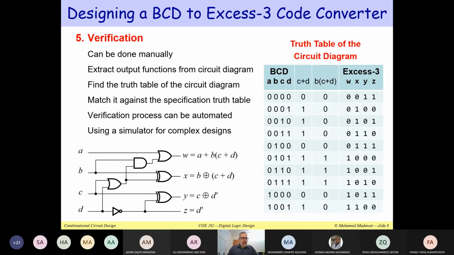If it does, then we have the correct circuit diagram. In this case, you can easily verify from the equations obtained directly from the circuit diagram that we have the correct truth table. It matches the truth table from the specification, and therefore we have verified the correctness of this circuit. So this circuit does a BCD to excess-3 conversion.